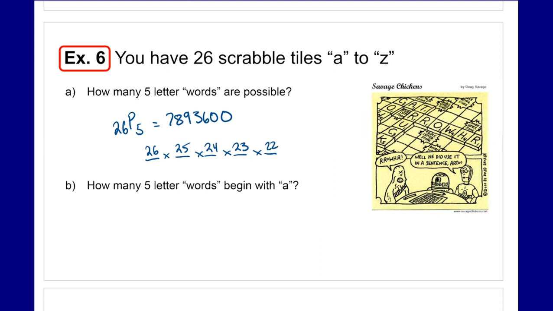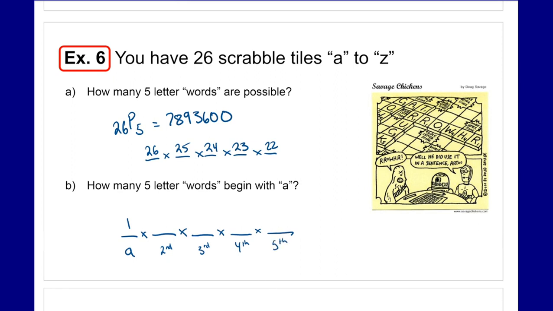Same thing. How many 5-letter words that begin with A? Now this is a little bit different. This one, it does help to use the slot method because if the first one has to be A, there's only one A that we could pick from. So then we have our second letter, which doesn't matter, our third letter, our fourth, and our fifth.